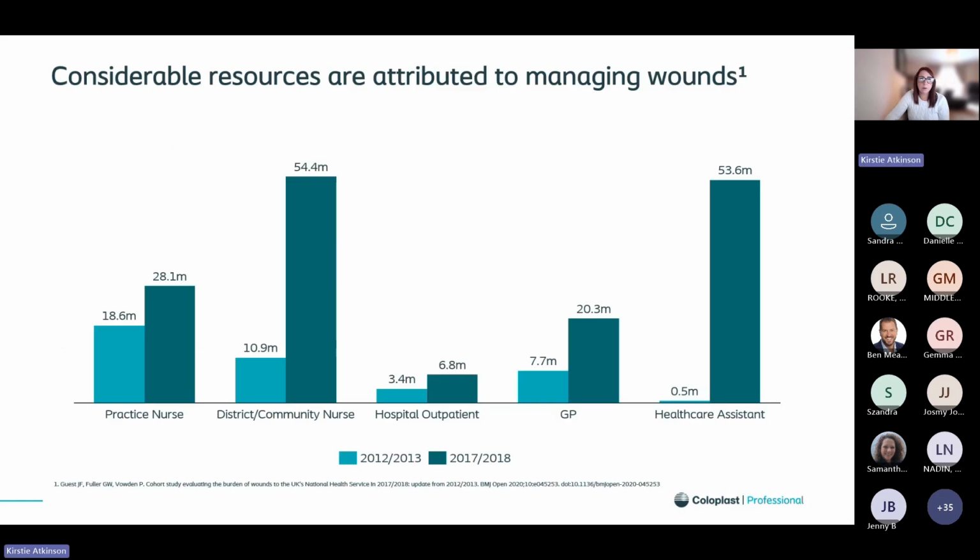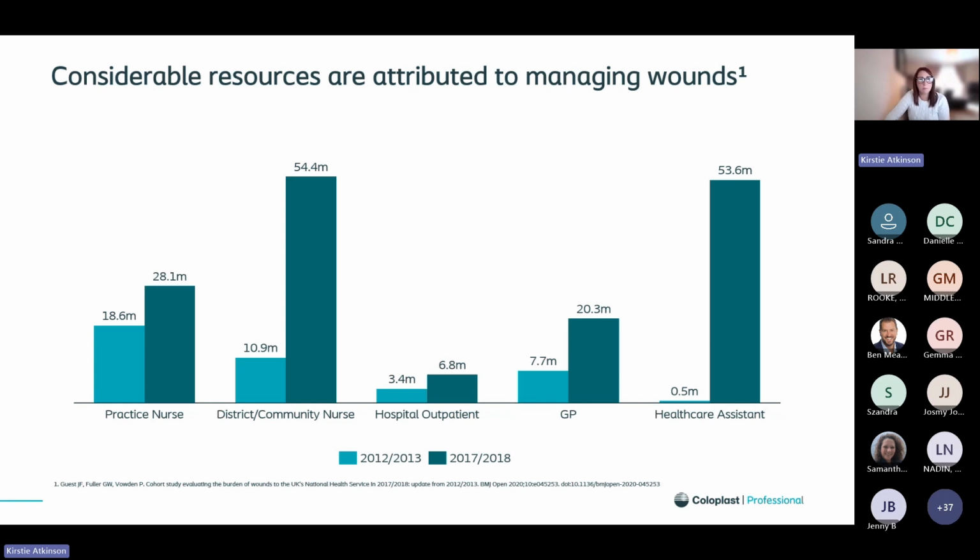There is a considerable amount of resources that go into managing wounds, and what you can see on the slide in front of you and on the graphs is how them resources have changed over the years. So the light turquoise is data from 2012, 2013, and the darker column is from 2017, 2018, and you can see the considerable increase in where them resources are being placed across the care setting.